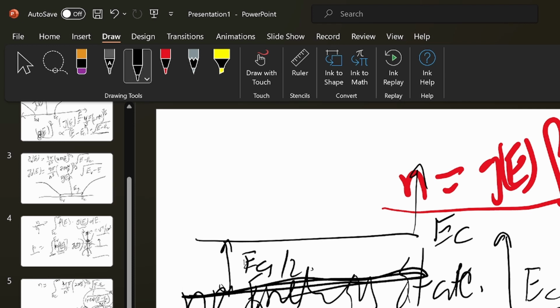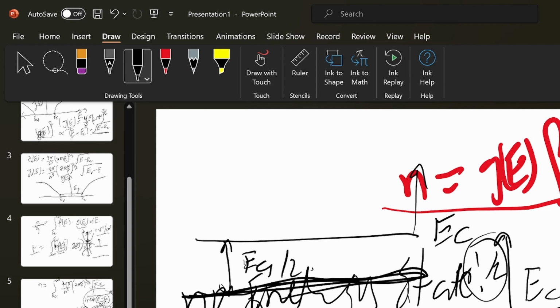What we have said is that at energy EF, the probability of finding an electron is 1 by 2. So at EF, the probability of finding an electron is 50%, that is 1 by 2. Also, the probability of finding a hole is 1 by 2.